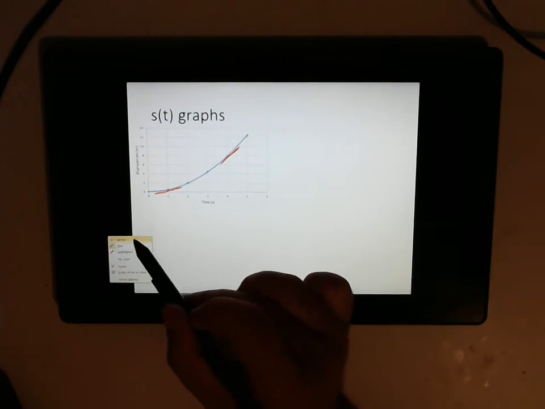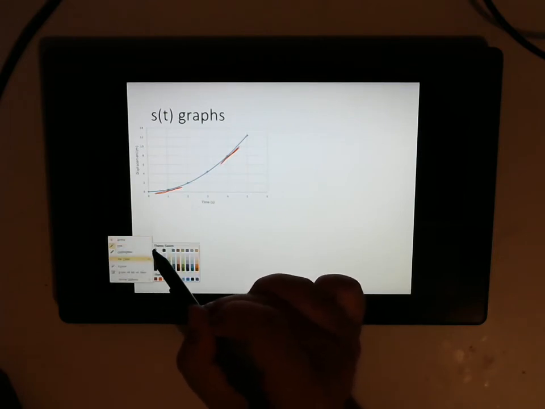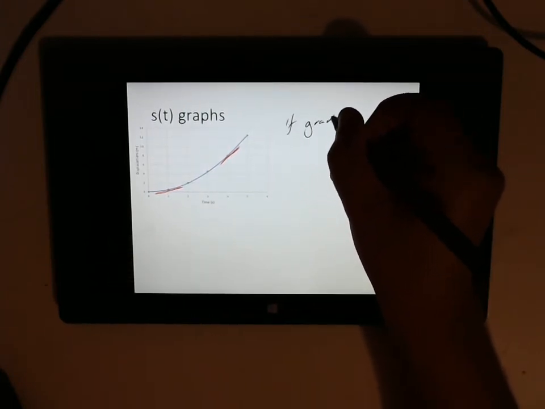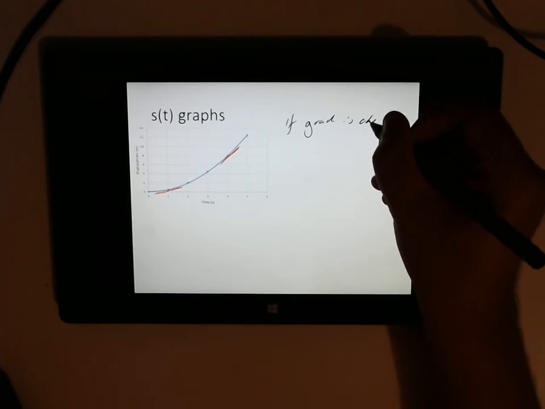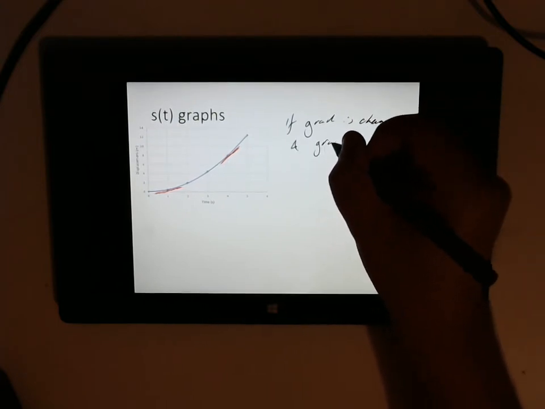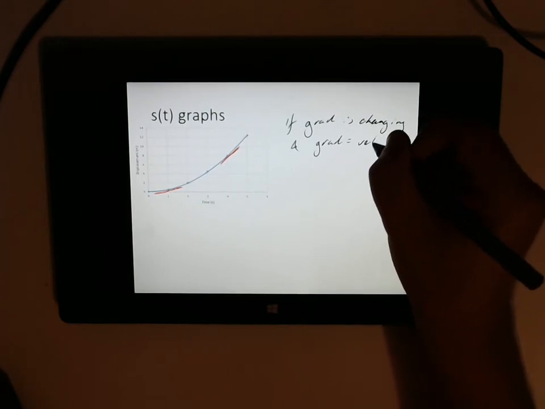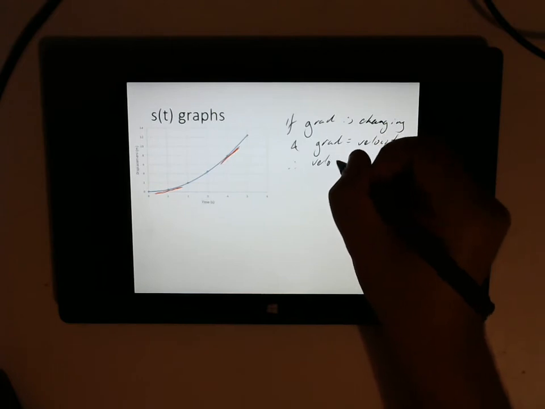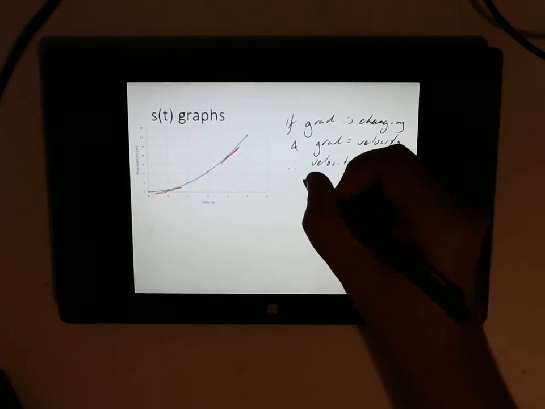Which means if the gradient is always changing, and gradient equals velocity, therefore velocity is changing.